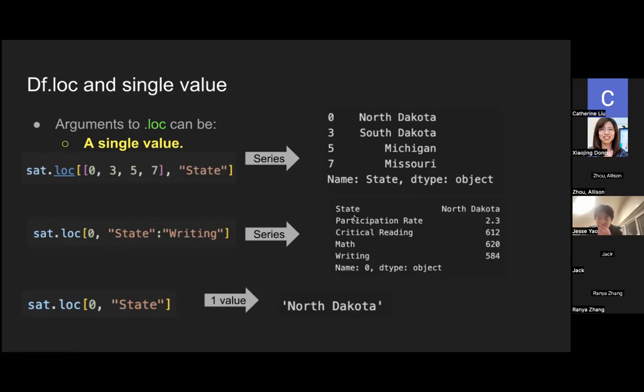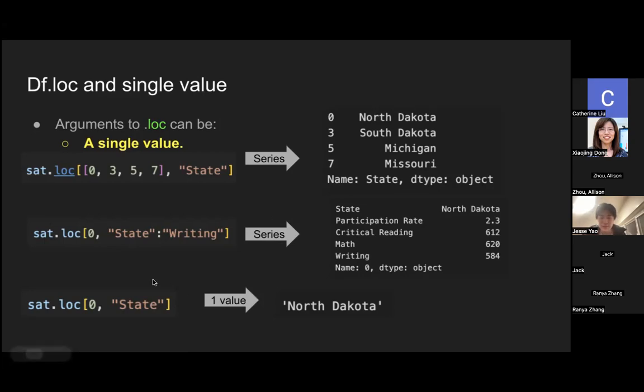I've never seen somebody change the columns into row indexes, because to be honest, it doesn't make any practical sense. It's just a fancy thing you can do. So the state is North Dakota, the participant rate is 2.3. You've kind of turned the table on its head for some fun reason.